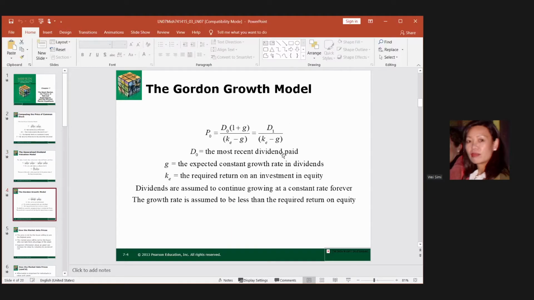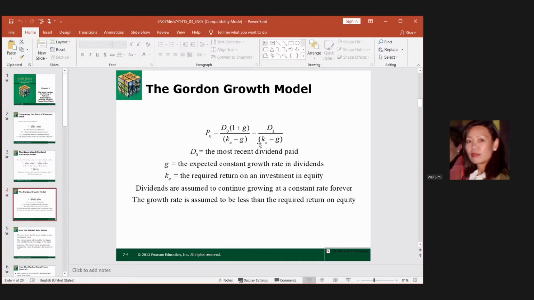The condition is that the company must be at constant growth. If each year they are growing 5%, every year 5% forever to infinity, then this model is perfect. You can price a stock, you just need the next dividend, a growth rate, and a required rate of return. All right, so that's simple now.